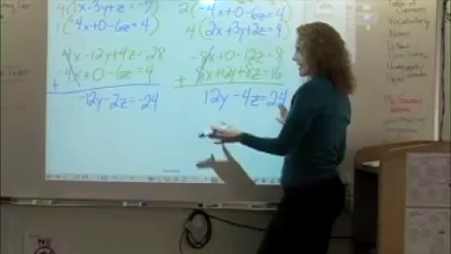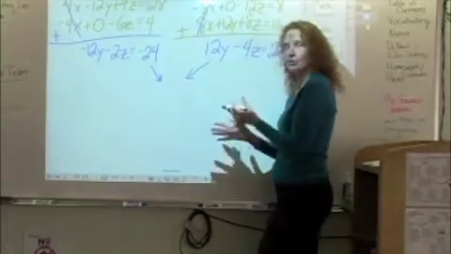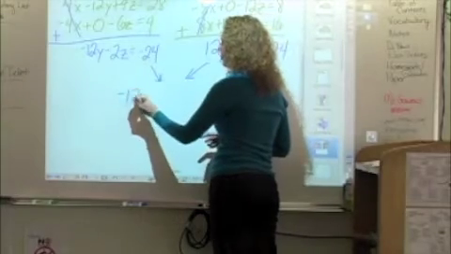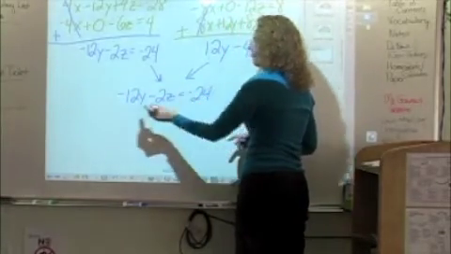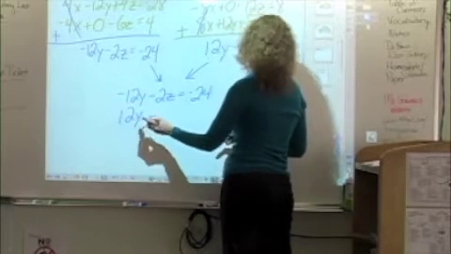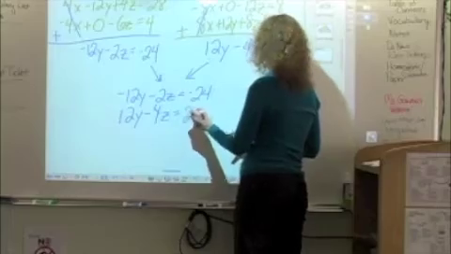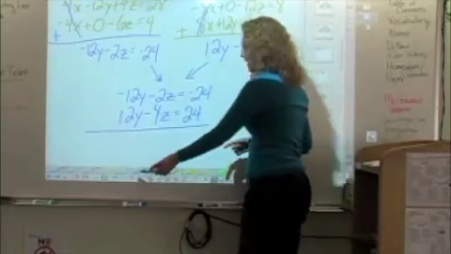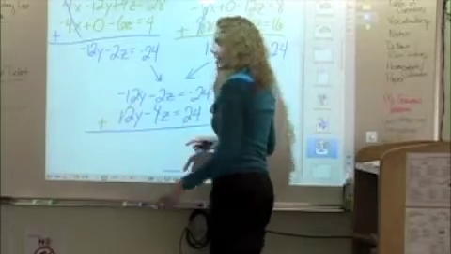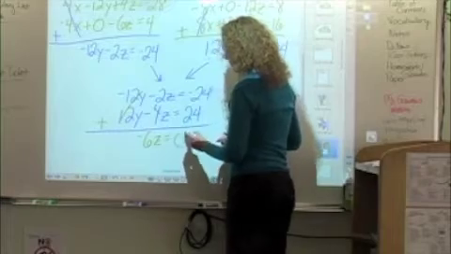All right, since I have these combined, I'm now going to put the two together. Negative 12y minus 2z equals negative 24. Positive 12y minus 4z equals 24. What's really great about this is the fact that my y's zero out immediately. I'm left with a negative 6z equals 0.